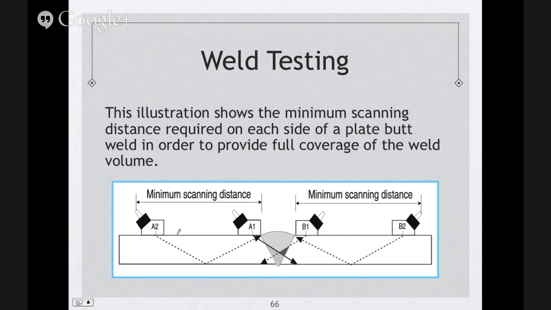So as you start moving this forward, you're still scanning. So you need all this area in order to scan the whole thing, and that is the minimum scanning distance you need to make sure that your whole inspection area is covered, of your weld.